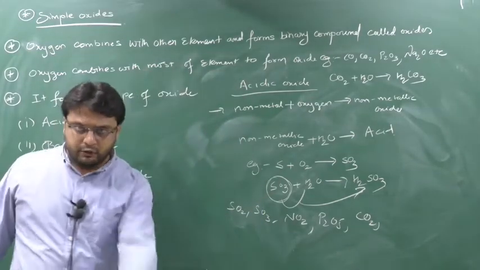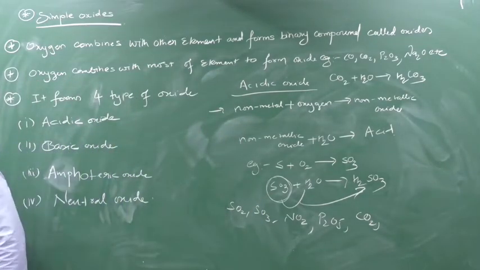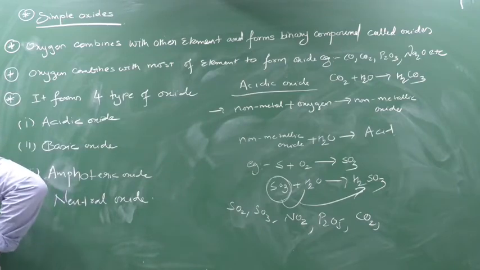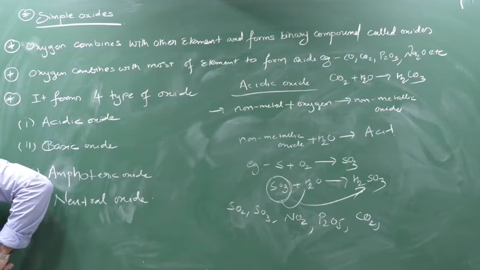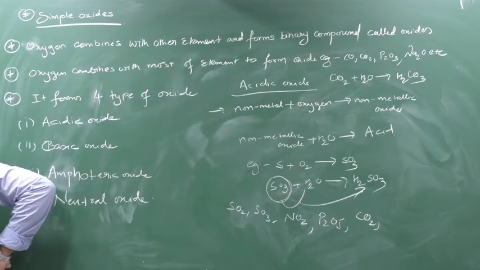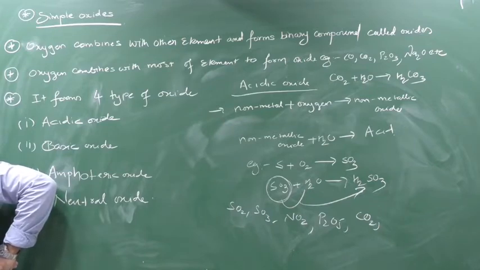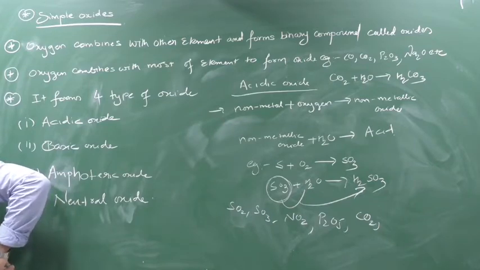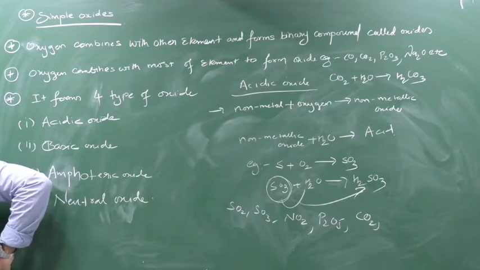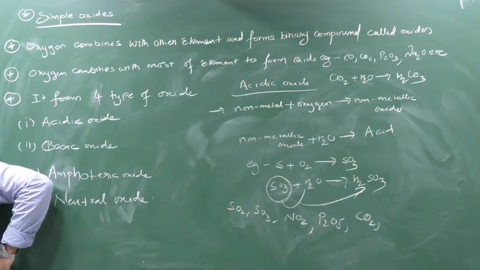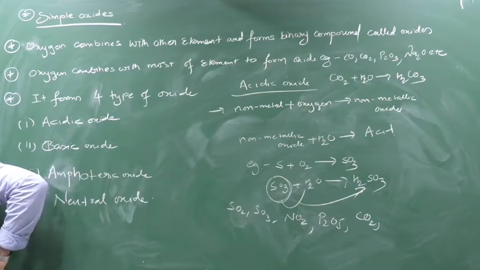These are the examples. You write down the notes. Please, along with me, write down the notes. Write down: oxides which react with water and generate acids are known as acidic oxides.